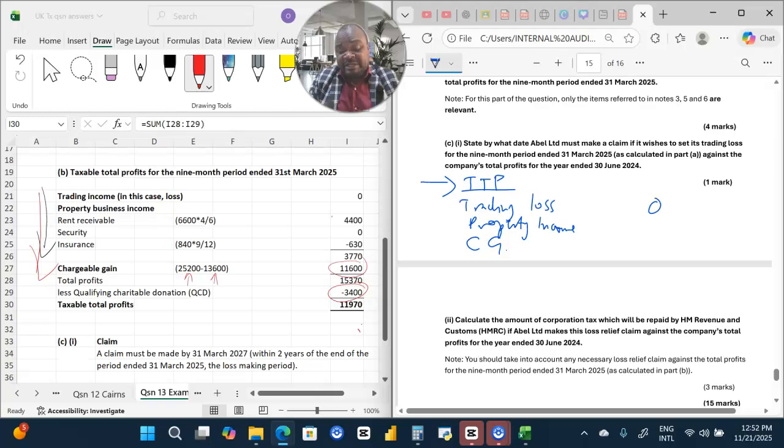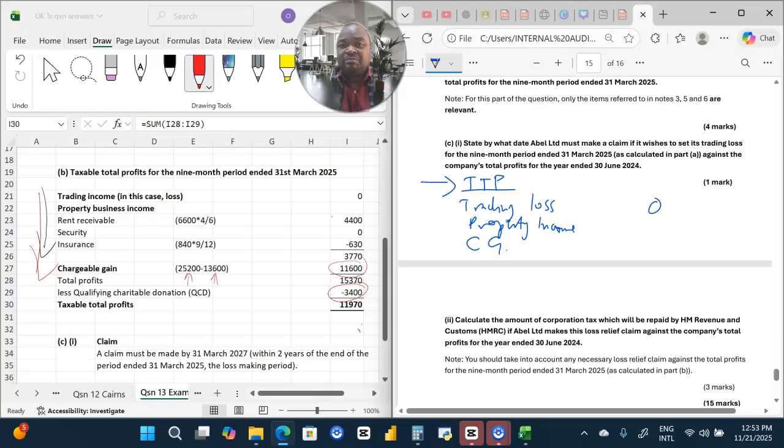So here, the examiner is giving you a hint. Sometimes you are given a hint by the examiner that on Part A, you should come up with a trading loss. Come what may, it should be a trading loss. Because if you found a profit, then part C, part 1 is going to be a troublesome question to you because you would be further confused.